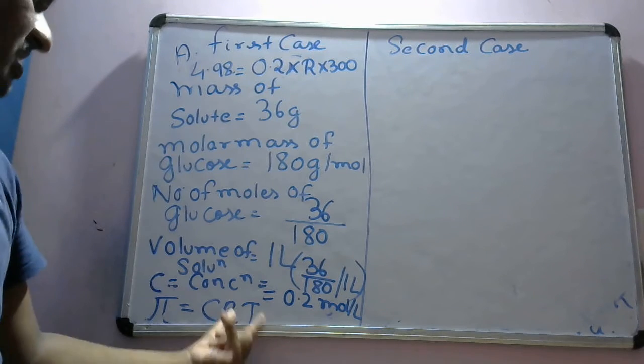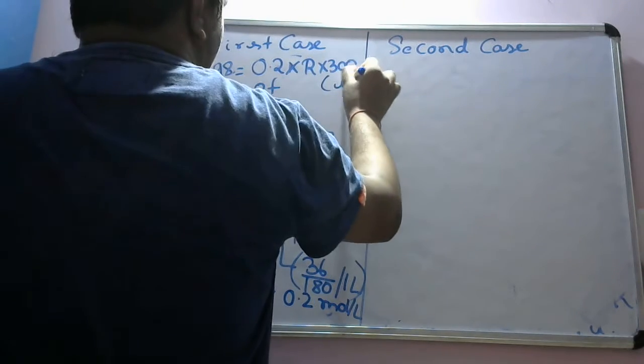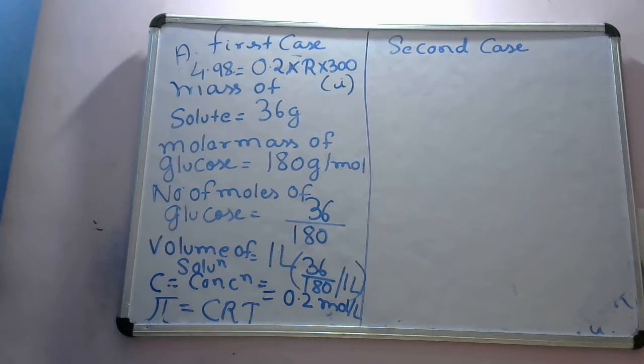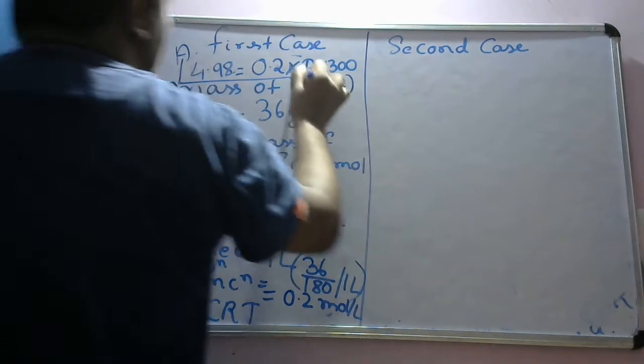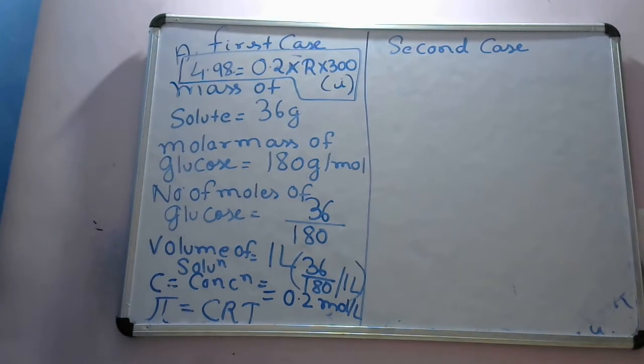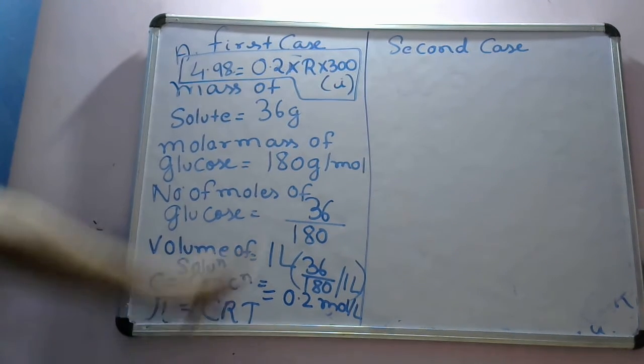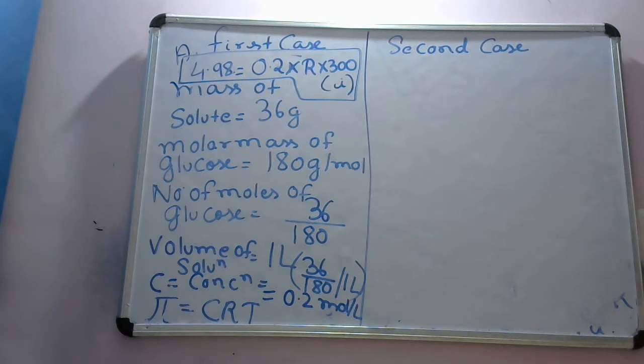R into 300, temperature in Kelvin. So let us say this one is equation 1. In the second case, this line you will write after this. First you will write these things, then you will write this equation, and then finally this equation. The top equation will be written afterward, at the end, for the first case.